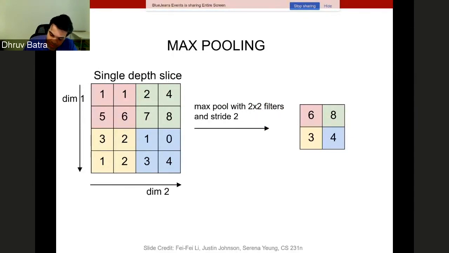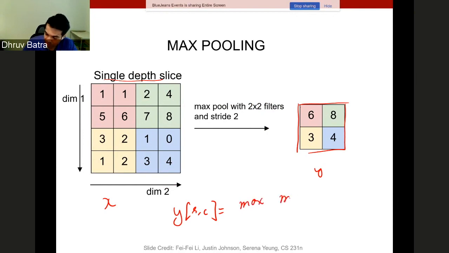For example, this is a single depth or channel slice. I can define this as my X, and this as Y, and a particular pooling operation Y of R, C. Now, instead of summing over some range, I can say this is a max over A in 0 comma 1, with an iterator B in 0 comma 1.